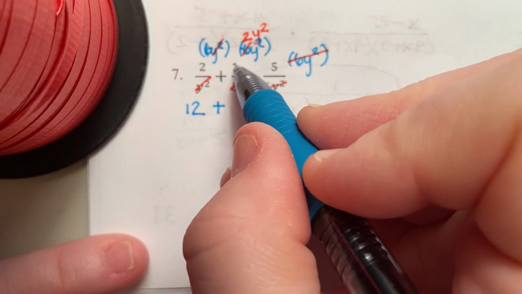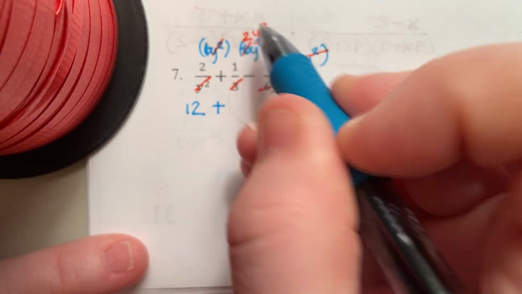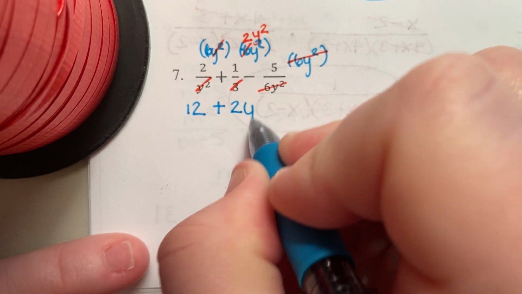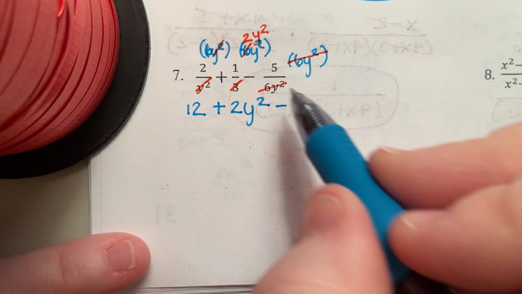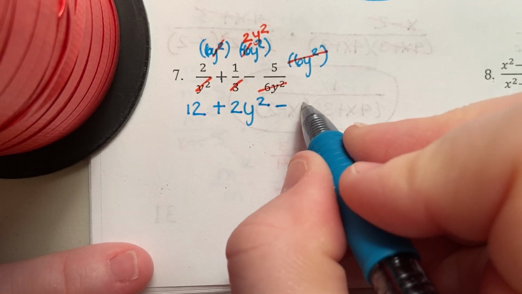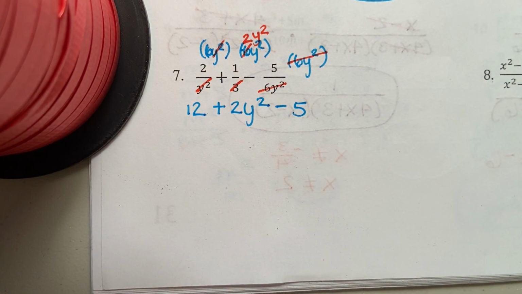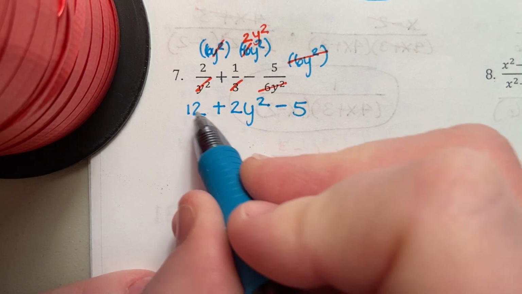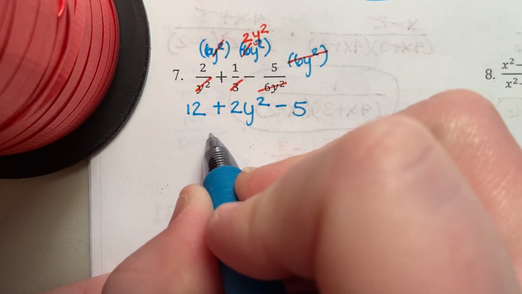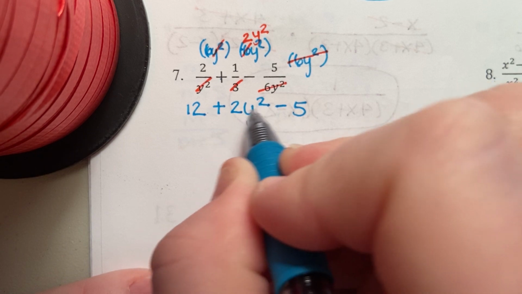Here I'm left with 1 times 2y squared, and 1 times 2y squared is 2y squared, minus. And here I'm only left with a 5. All right, so I'm basically just rewriting what I have left to kind of clean it up, all right? And it says in step 5 to combine like terms in the numerator, and then it says to factor if possible. Well, 12 minus 5 is 7, and then plus 2y squared.